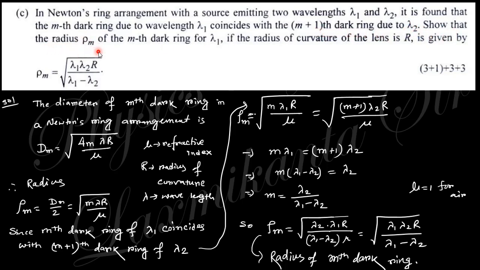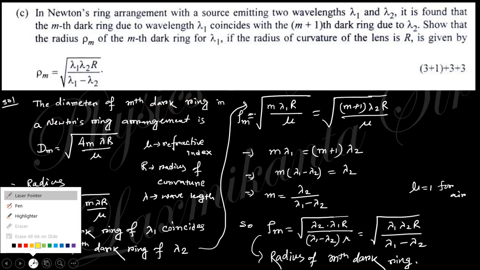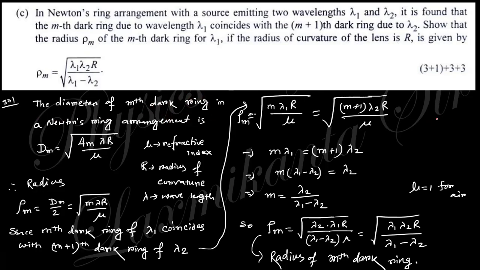Show that the radius rho m of the mth dark ring for lambda 1, if the radius of curvature of the lens is R, is given by this. So the diameter of the mth dark ring of Newton's ring: Newton's rings are dark and bright in a circular pattern. So this is dark, this is bright, this is dark.